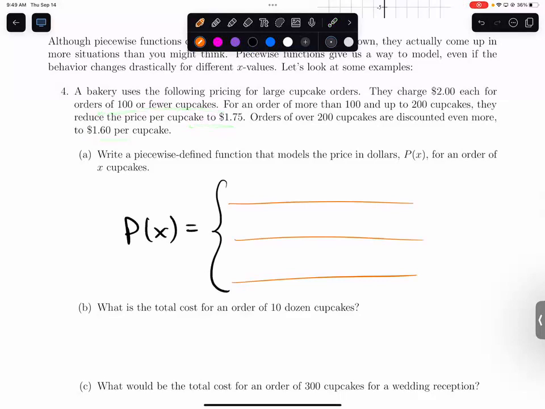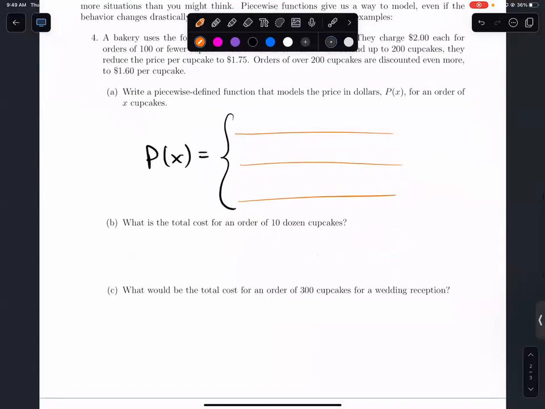So I want you to write down what that function would look like. Both the formula that would give you the total price and the boundaries for when you would use that rule, that piece. And then once you've done that, B and C just basically use it to answer a couple of questions.